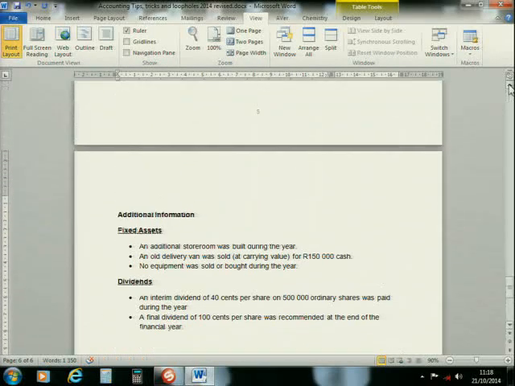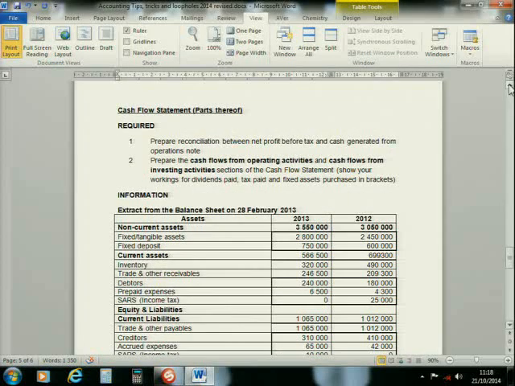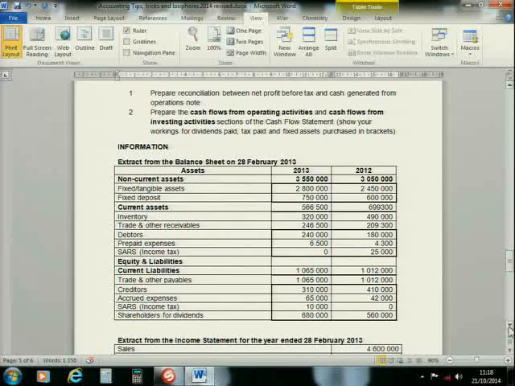Let us take a look at our trade and other payables. With trade and other payables, same story. Exclude SARS, exclude shareholders for dividends. Let's start with 2012. Your total trade and other payables is 1,012,000, right?